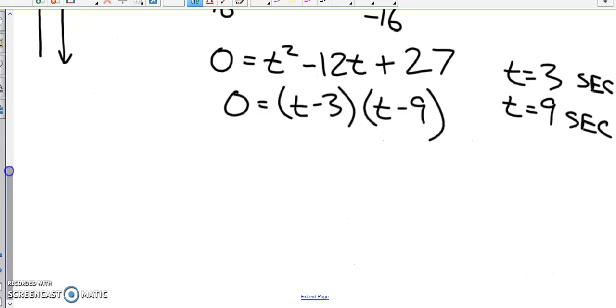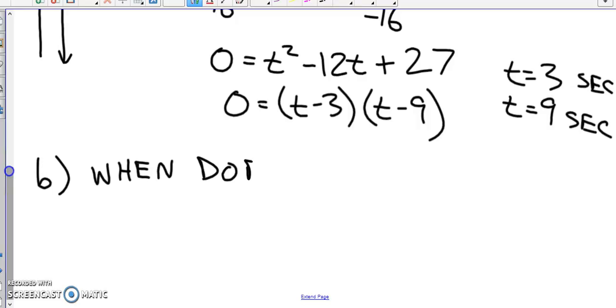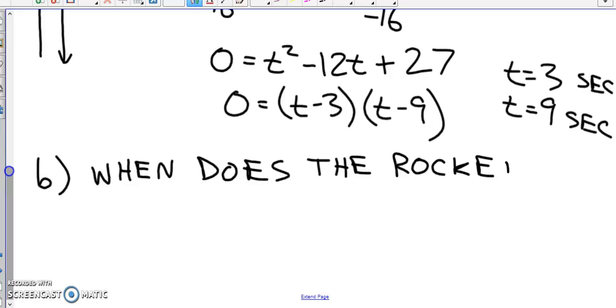Okay, part B. When does the rocket hit the ground?